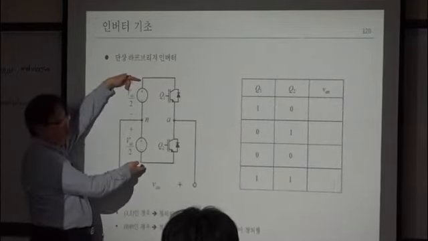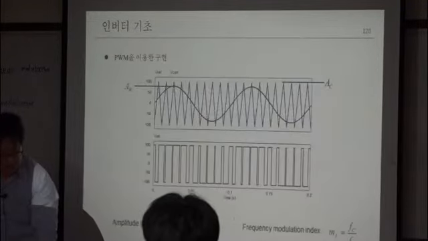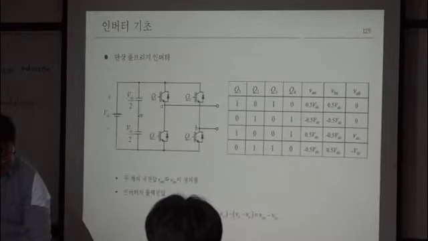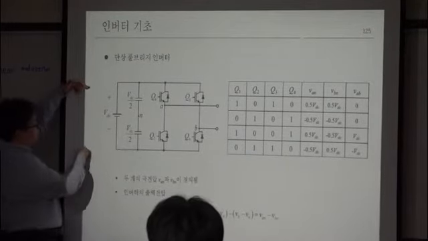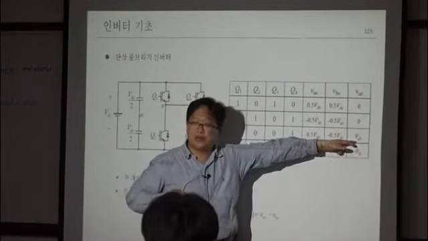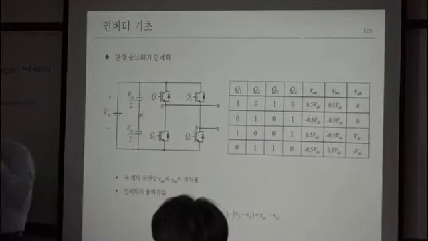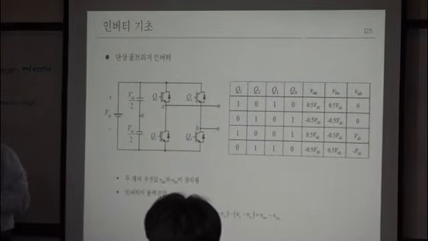VDC. And your output voltage maximum was VDC over 2. But in this case, your input voltage is the same VDC, but your output voltage maximum value is VDC. So, DC link utilization is what? Twice that of the half-bridge inverter. Okay?